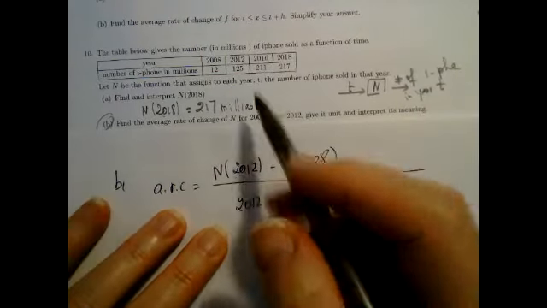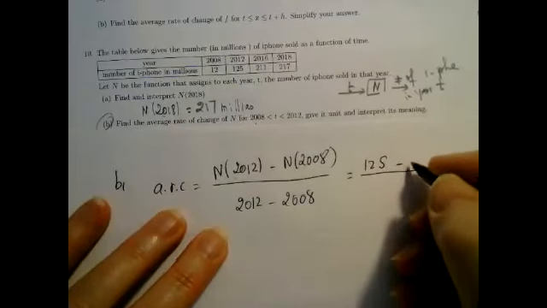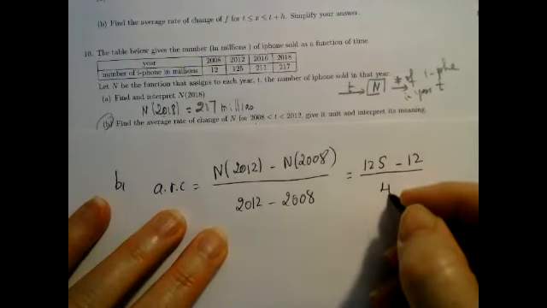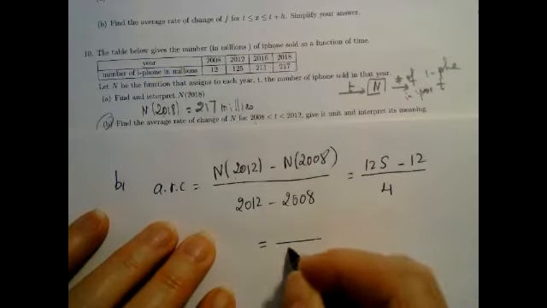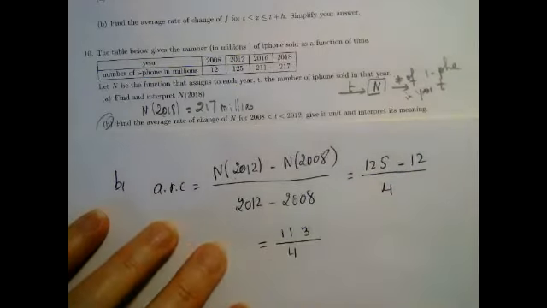So in 2012, it's 125 million. We keep that in mind, minus 12 million, divided by 4. So it's going to give me 113 over 4.